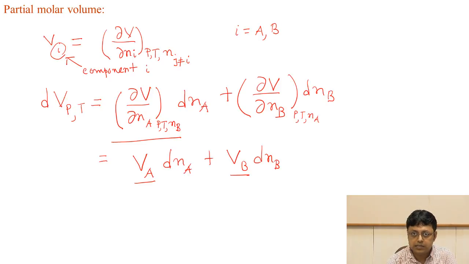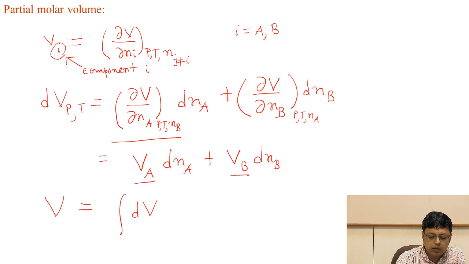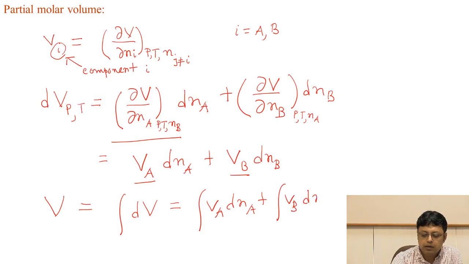So partial molar volume of a particular component is defined as how the total volume is changing if we add that particular constituent or component. So we can ask what will be the total change in volume due to this addition. That will be simply the integration of this change, the integral of Va dNA plus the integral of Vb dNb.